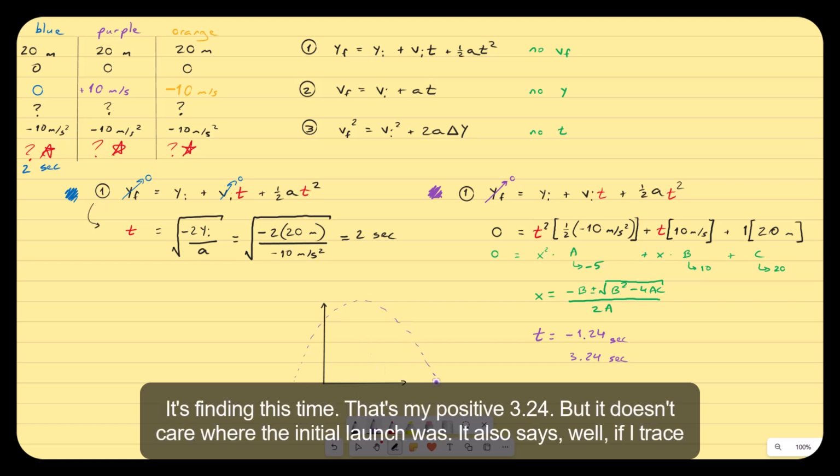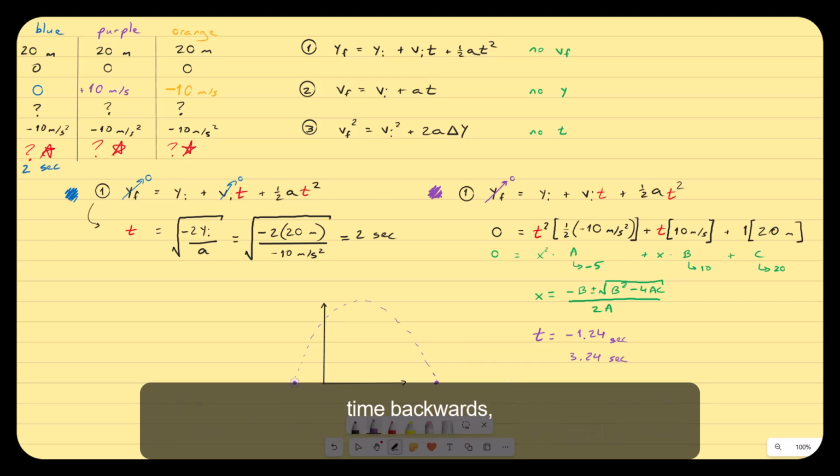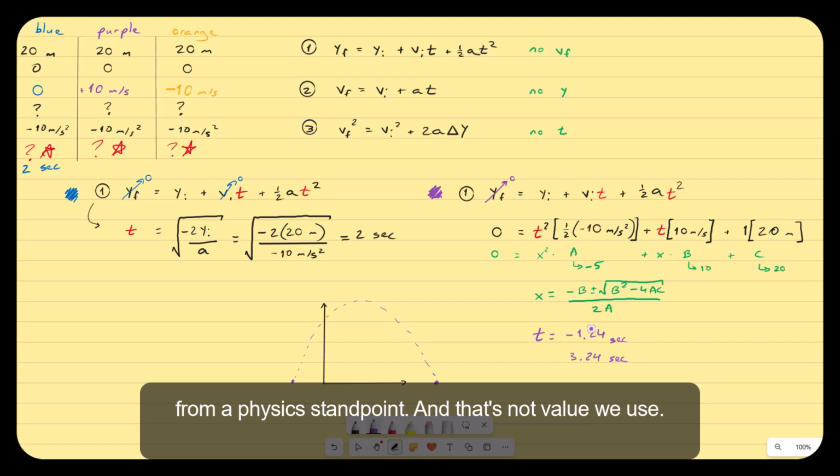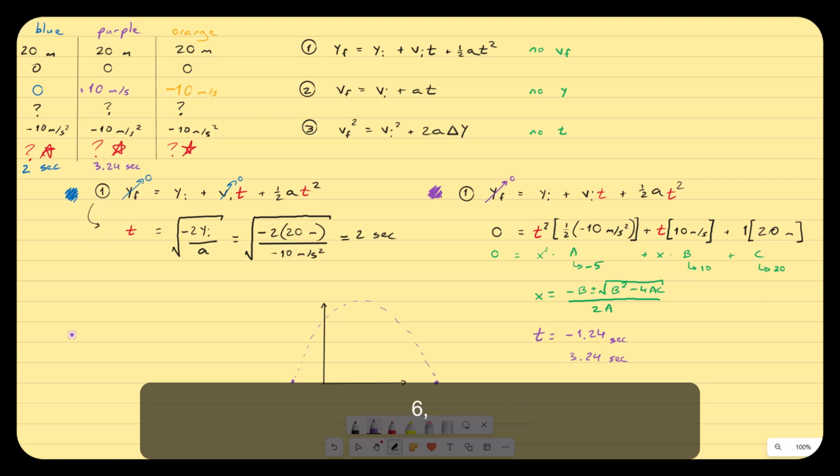It's finding this time, that's my positive 3.24, but it doesn't care where the initial launch was. It also says, well, if I trace time backwards, that could have been another time that I crossed. That's what the -1.24 is about. It doesn't make sense from a physics standpoint, and that's not the value we use. So we're going to get 3.24 seconds.